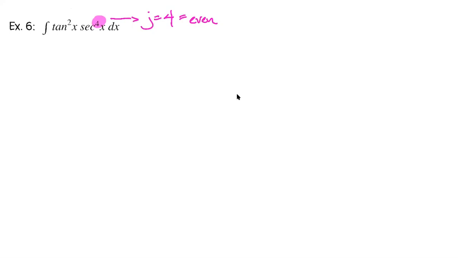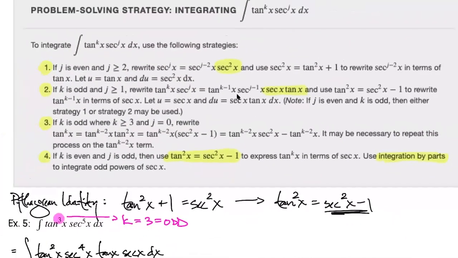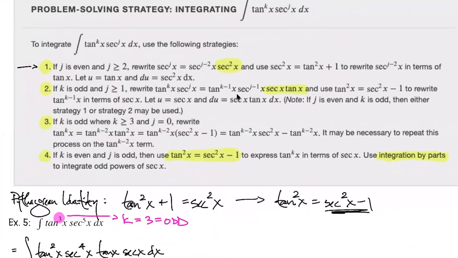Before we start, let's go back up to that rule and see if we can remember the steps. When j is even, we use rule number 1, which means we split the secant to the 4th into powers of 2. So I split it into secant squared and secant squared.